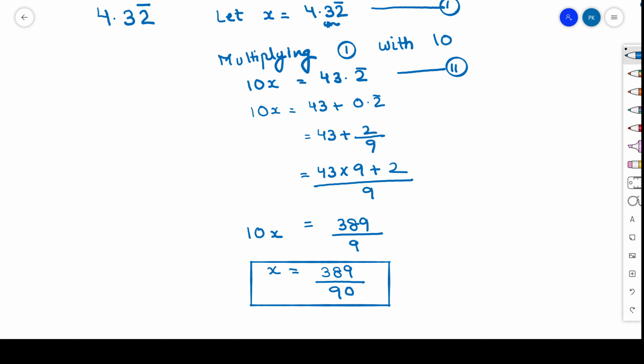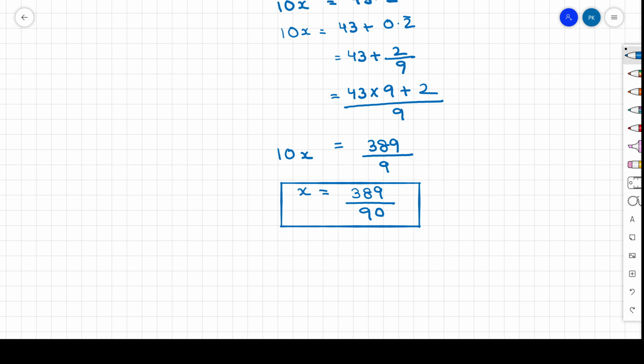So this is again another way of doing it: you just have to bring those non-recurring parts on the left hand side, and then you have to use the direct method and you can get the answer.